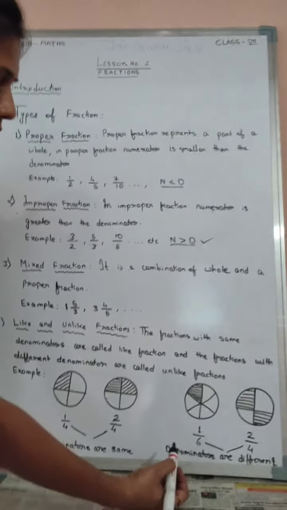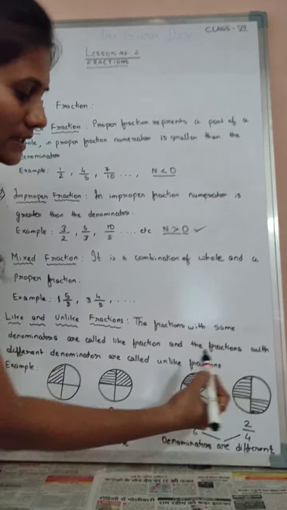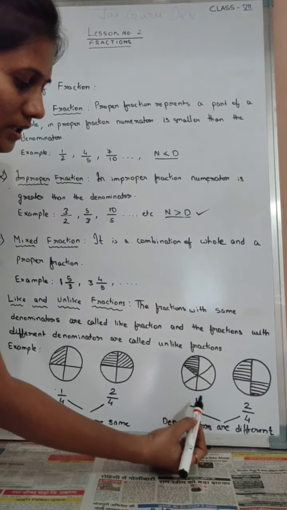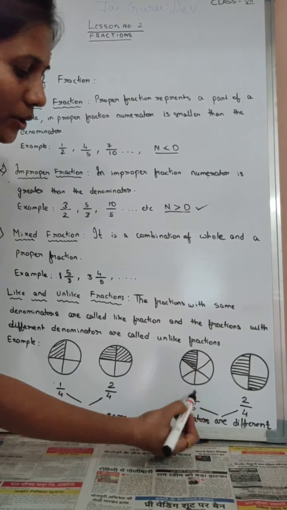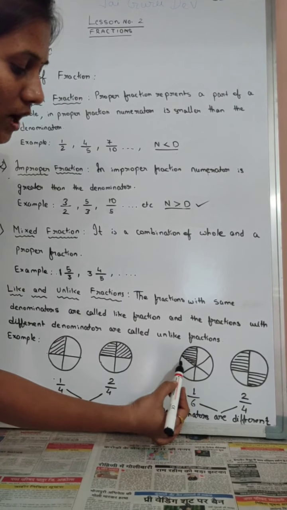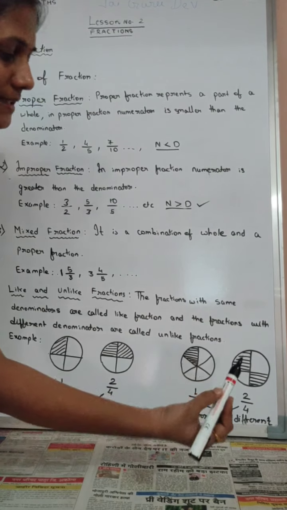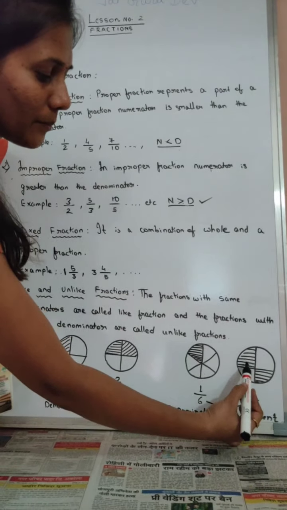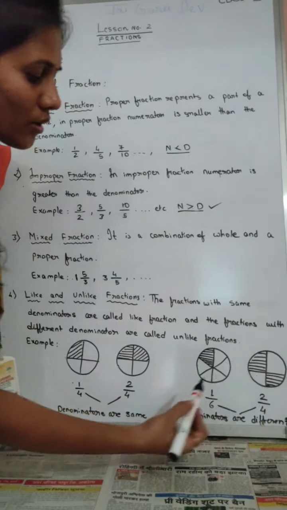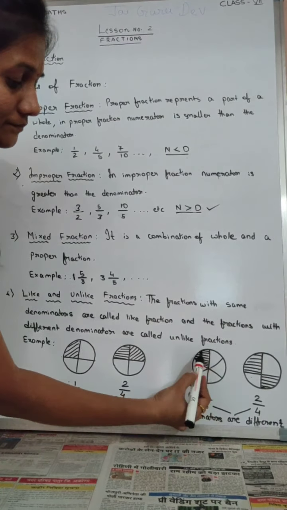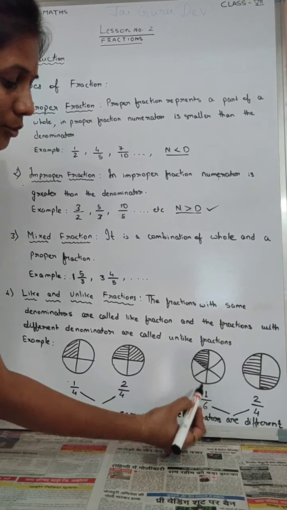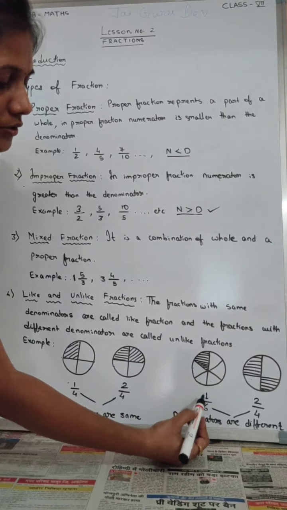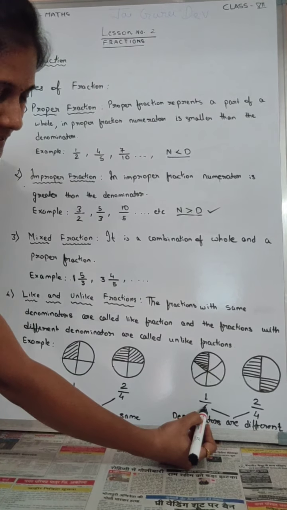Now unlike fractions. Here two circles are drawn. The first circle is divided into 6 equal parts, that is 1, 2, 3, 4, 5, 6. And the second circle is divided into 4 equal parts, that is 1, 2, 3, 4. In the first circle, out of 6 parts, one portion is shaded, so the fraction is 1 by 6.